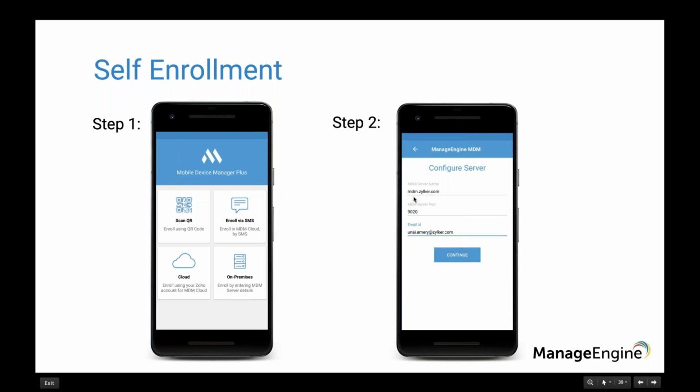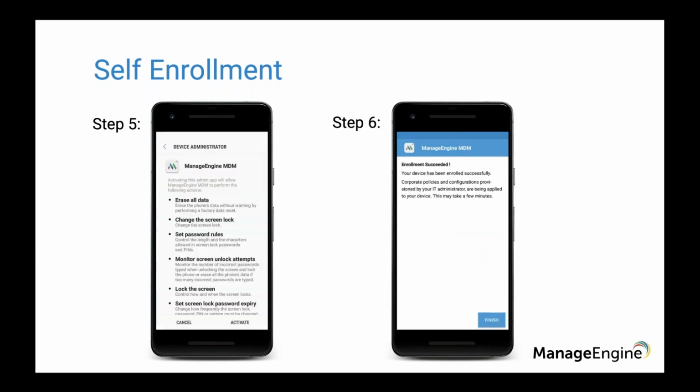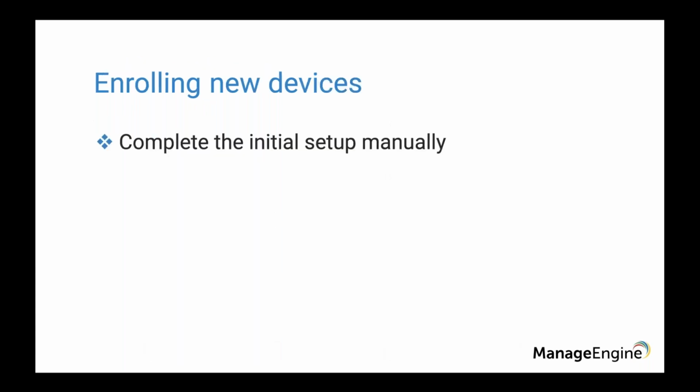They mention the server details like the MDM server name, the port number, and the email address that is in their AD solution. Then they would have to provide their password for authentication purposes and hit continue. In this case, we would give them all the actions that have to be activated. And once they activate that, their devices would be enrolled with the MDM solution.